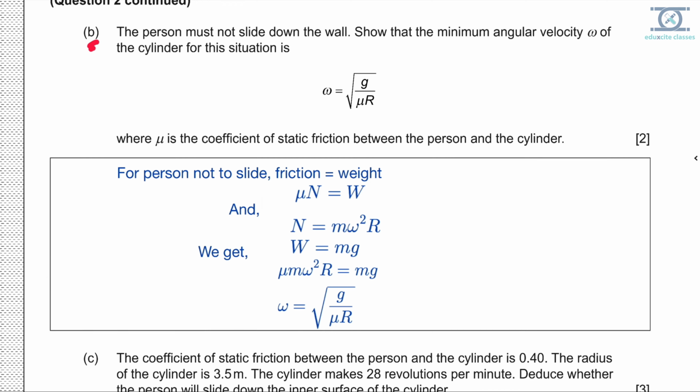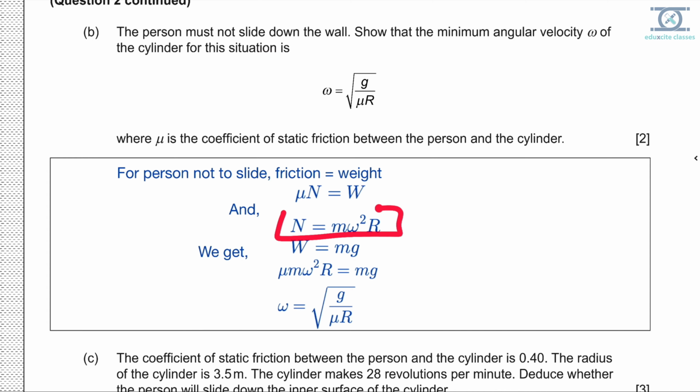Now B. The person must not slide down the wall. Show that the minimum angular velocity omega of the cylinder for this situation is this. So we just have to equate the forces. If the person is not sliding, then the friction and the weight must be equal. We know that friction is mu times N, where mu is the coefficient of friction and N is the normal reaction force, W is the weight.